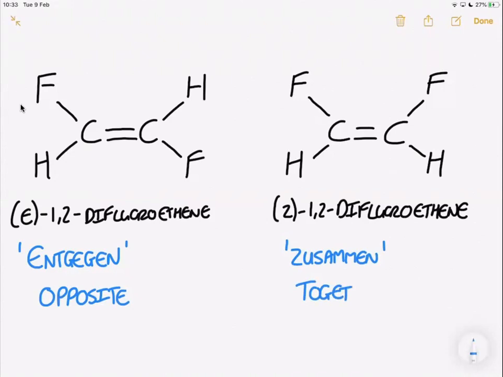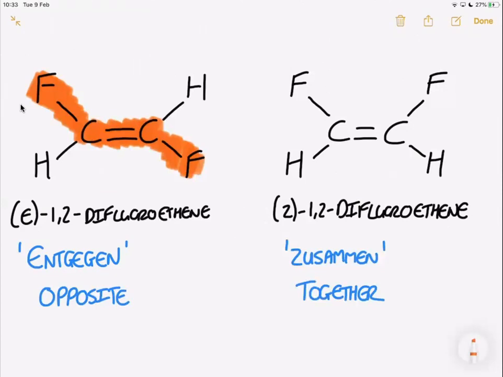So what do we mean by opposite and together? Well, we're talking about the fluorine atoms. You could also reference the hydrogen atoms, but for reasons we'll get into in the next lesson, it's the fluorine that's causing this designation. If you trace a line from one fluorine to another across the double bond, you find that these atoms are pointing in opposite directions away from each other.